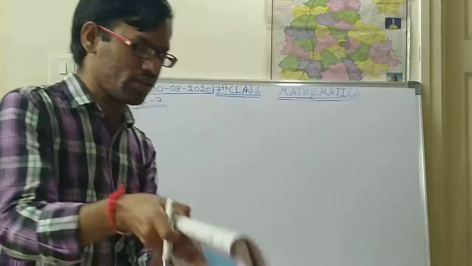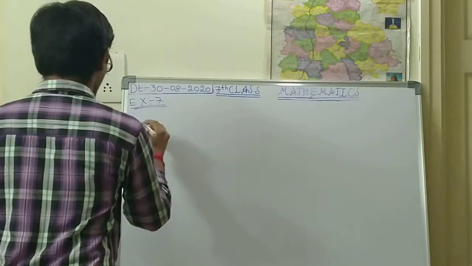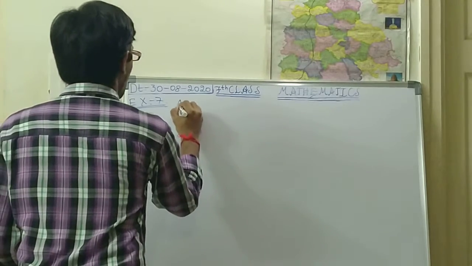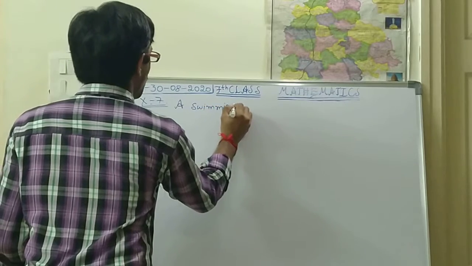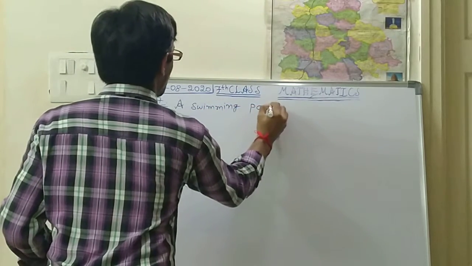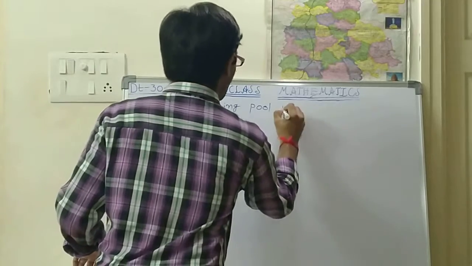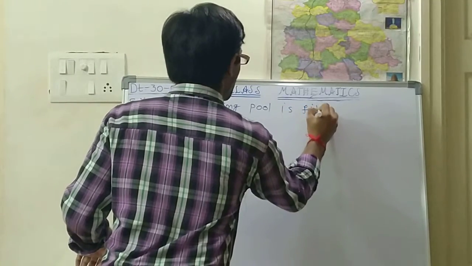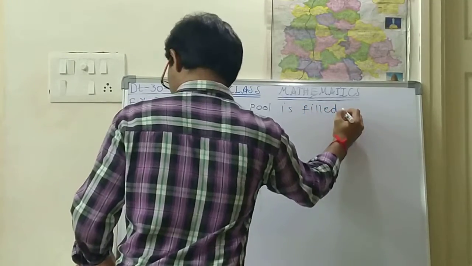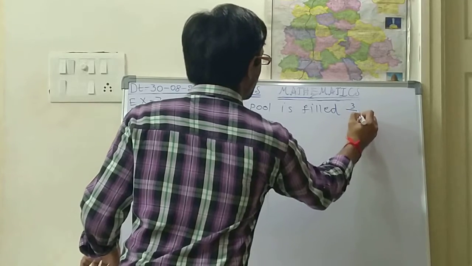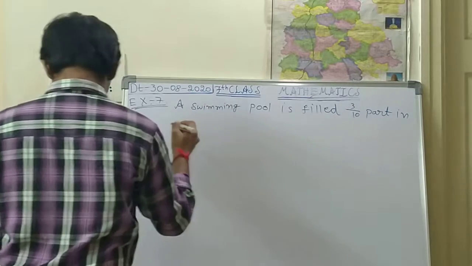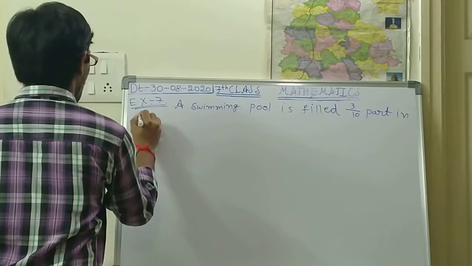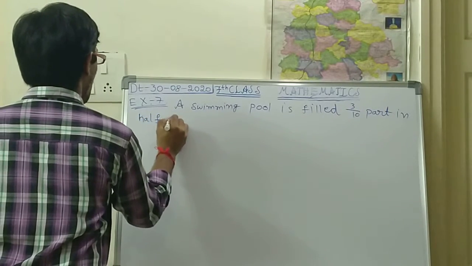What is the seventh example? A swimming pool is filled 3/10 part in half an hour.